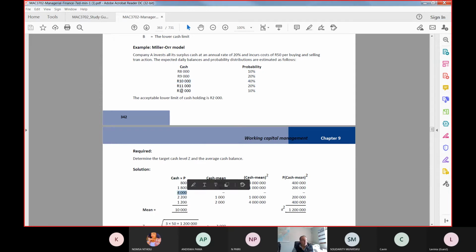Then 10,000 times 40% is 4,000. There is no cash need. Okay, 2,200, which is 11 times 20%. 12,000 times 10% is 1,200. The cash need is positive because we have more. 11,000 minus 10,000 is 1,000 positive. 12,000 minus 10,000 is 2,000 positive.